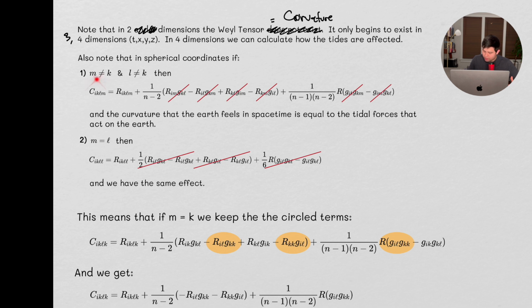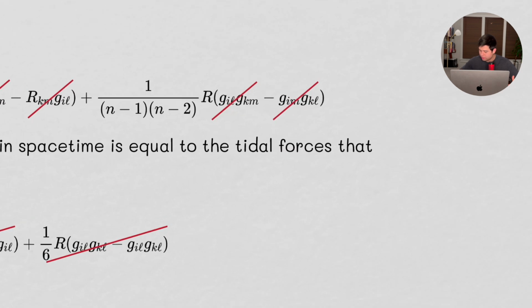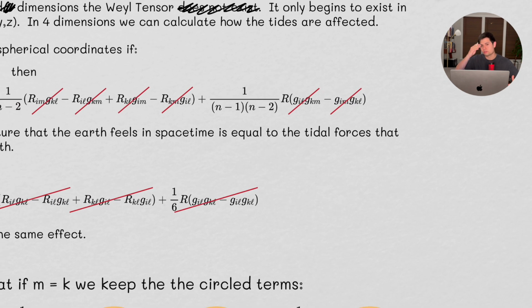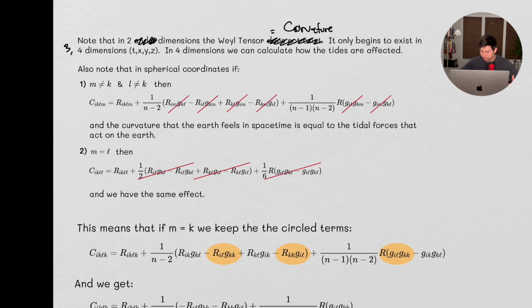So consider the case in which m is not equal to k, and in which L is not equal to k. Well, what happens is that a lot of these metric tensors will cancel out, right? Because metric tensors are only non-zero on the diagonal in very simple spherical coordinates.